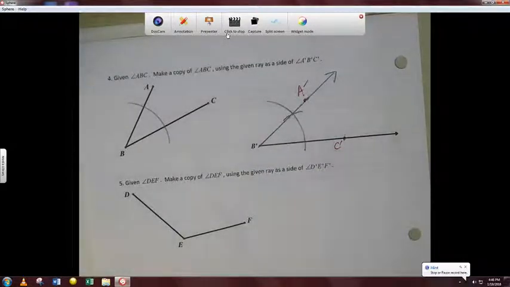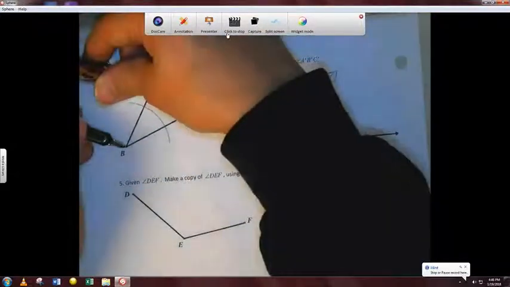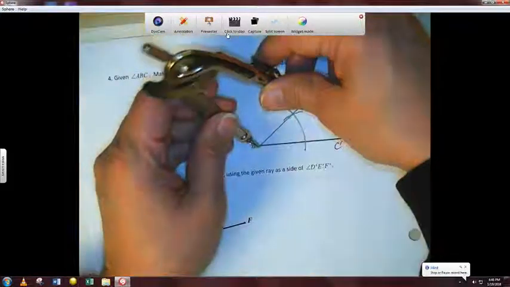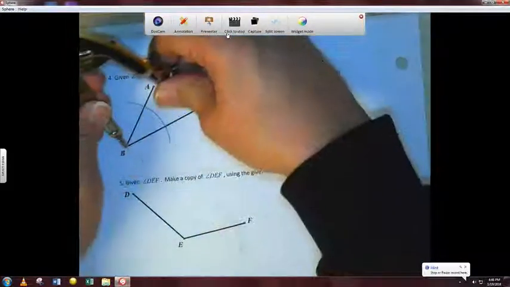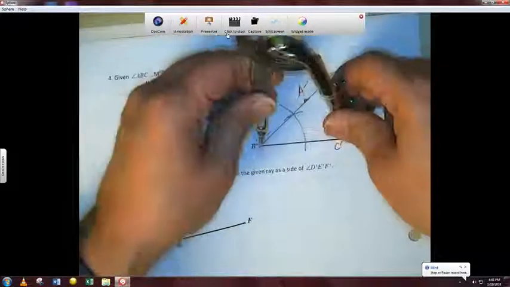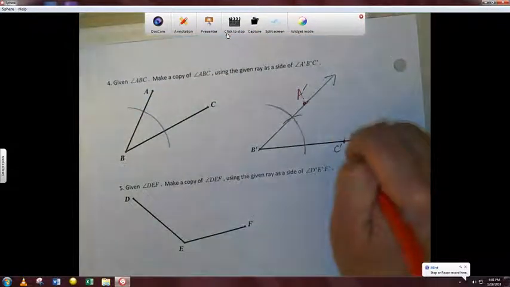If we wanted to be extra careful, we could make sure that A prime is in the right spot, and I did that okay here. And then C prime, I probably should have made that a little bigger, so I guess C prime should really be over here, but I am not going to get that picky on the quiz.